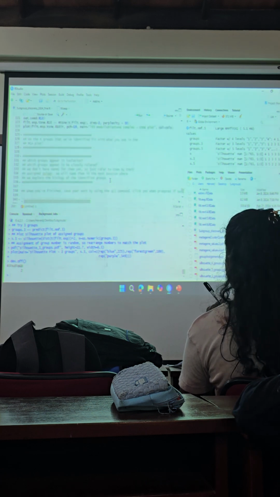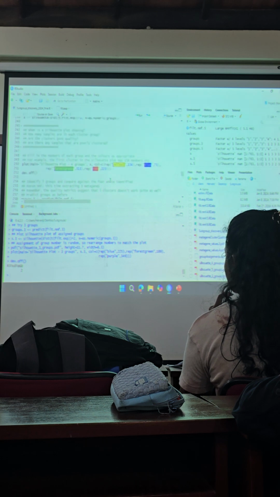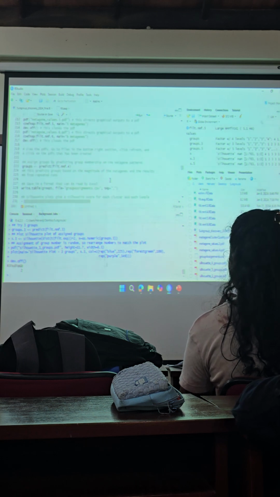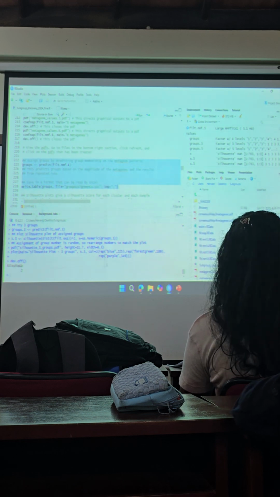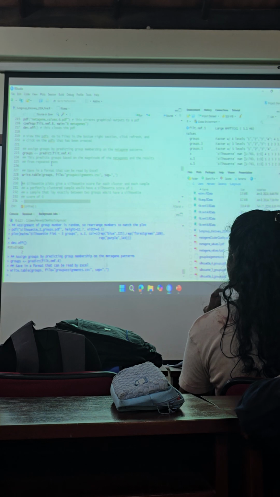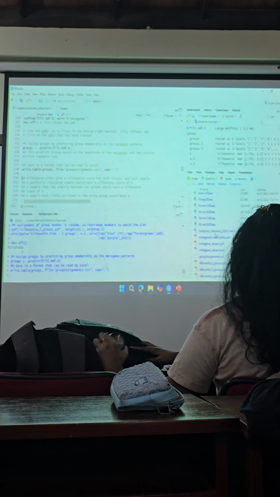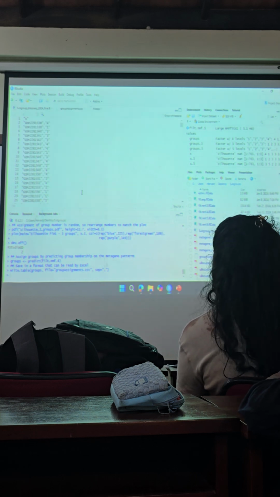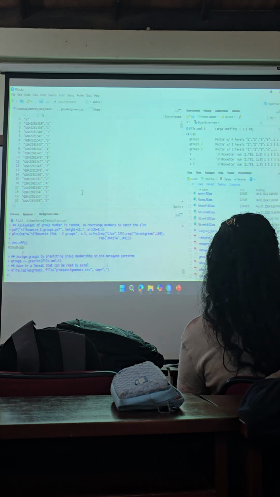Okay, so this is the file. So you have each sample and then you have the subgroup, right? So that is the final output of this workshop.